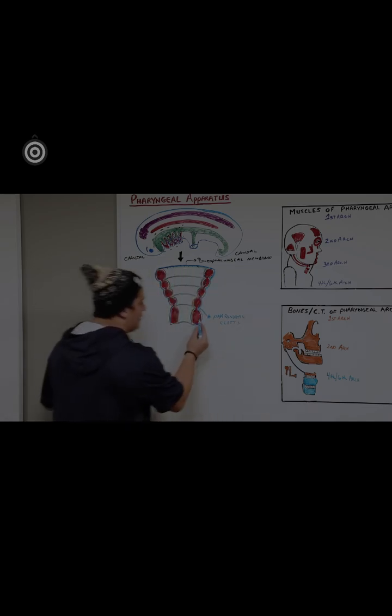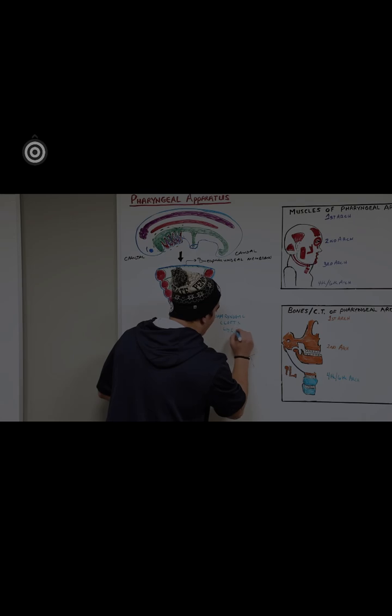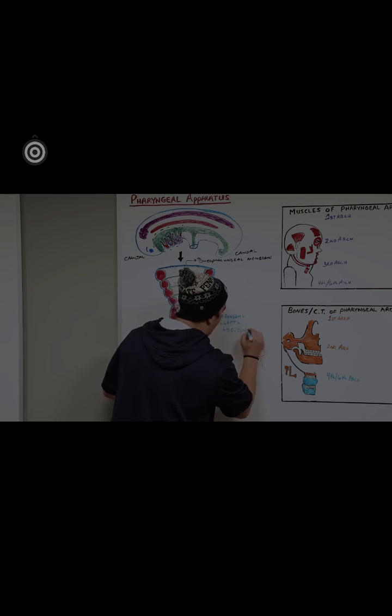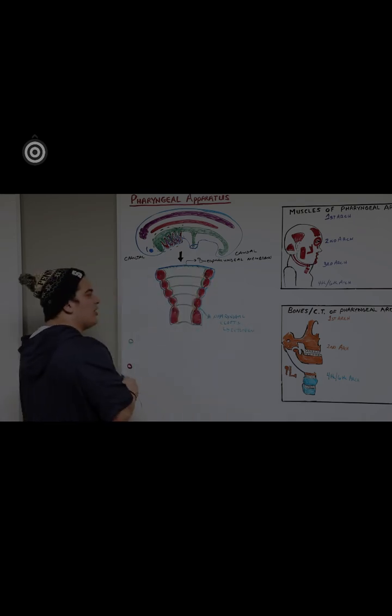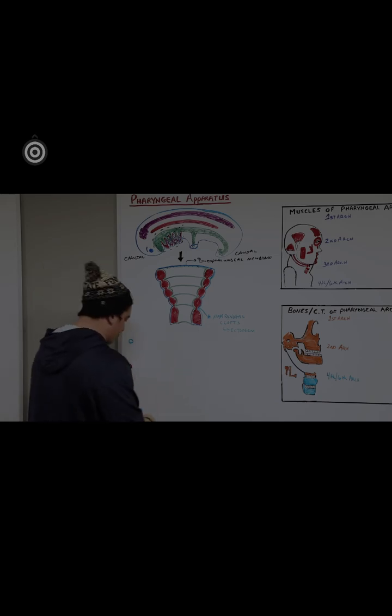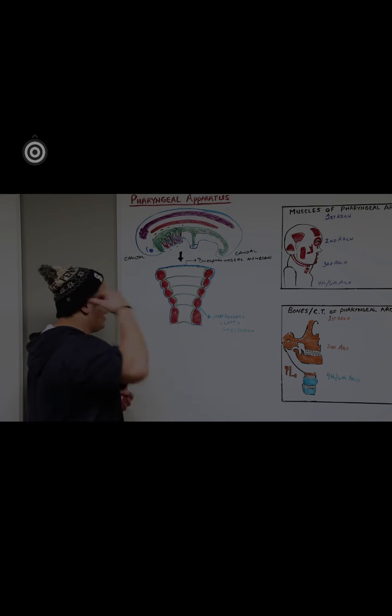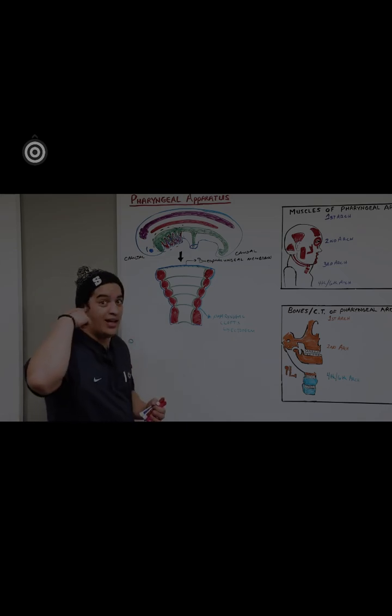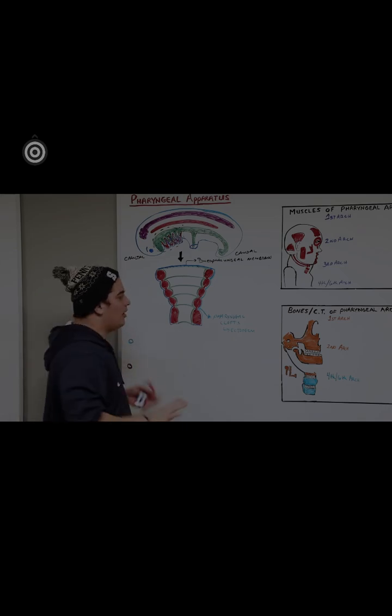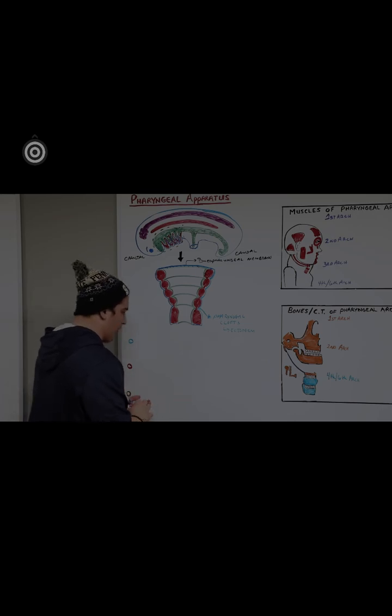The big thing to remember about these pharyngeal clefts is that they are covered with ectoderm. We're not going to focus too much on them, because they don't give way to anything really special, except for the first one, which can give way to some of the tissue that lines the external ear canal. Other than that, nothing else specific about it.